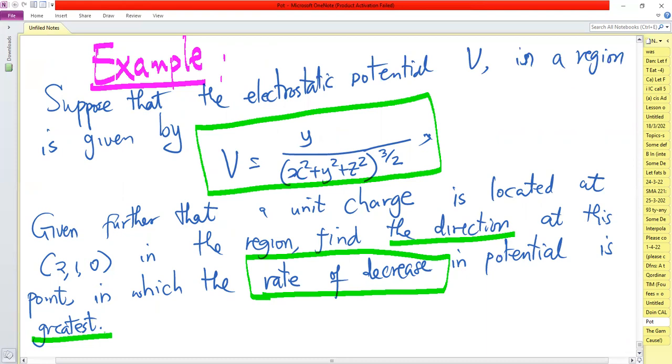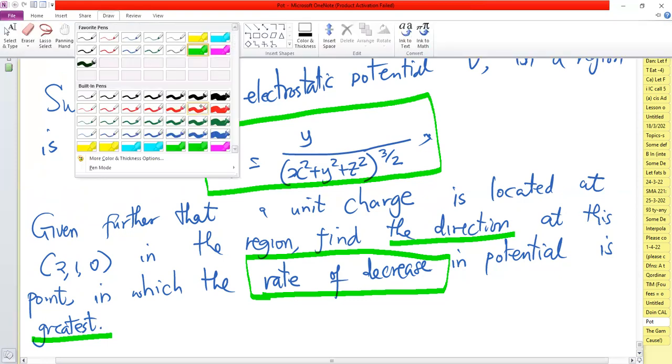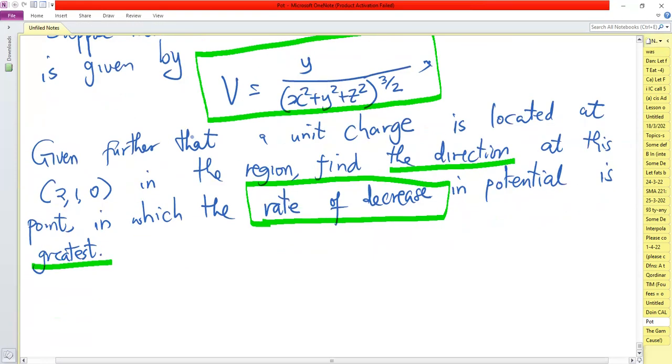Once we have defined the gradient, we find its value at the point 2, 1, 0. Then we negate that gradient vector, because we are interested in the rate of decrease. If we were interested in the rate of increase, we would leave the answer in positive form the way it is. So, solution.